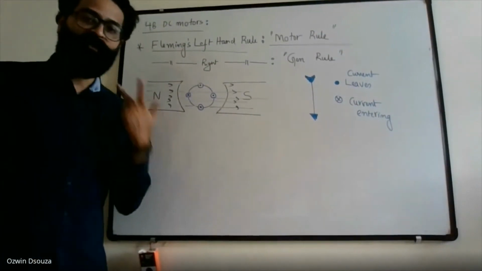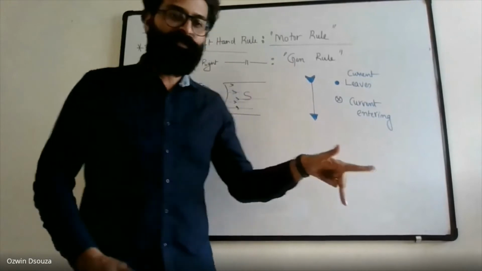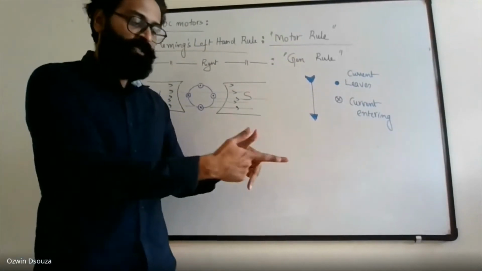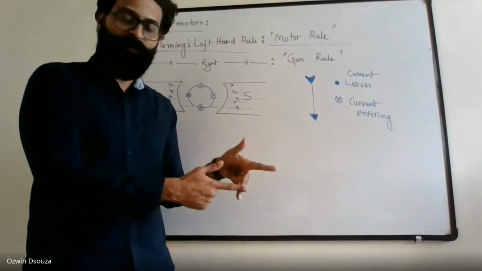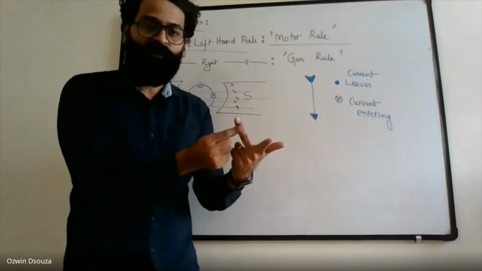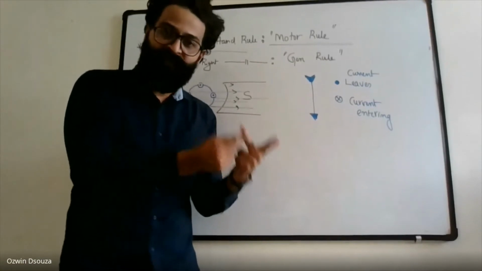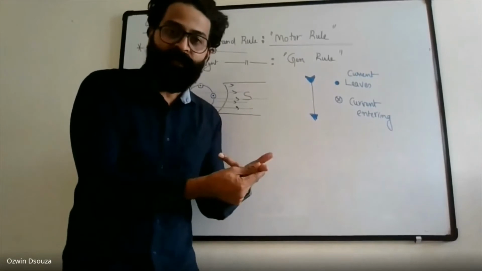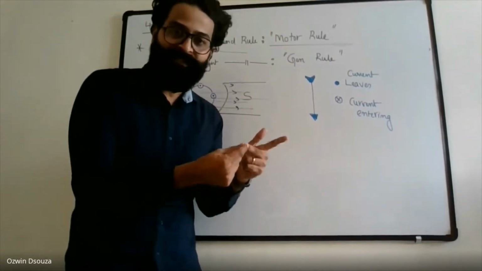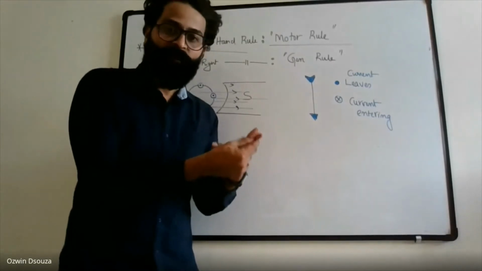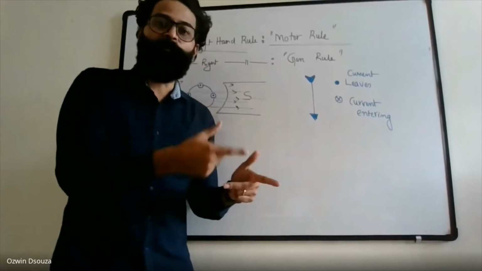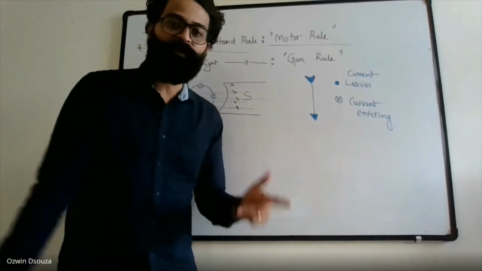Now let us apply Fleming's left-hand rule. To apply it, stretch the first three fingers of your left hand in such a way that they are mutually perpendicular to each other. The central finger should be pointed in the direction of current. The forefinger should be pointed in the direction of flux. So C for current, center finger; F for flux, forefinger. And the thumb gives the motion or the force experienced by the conductor.